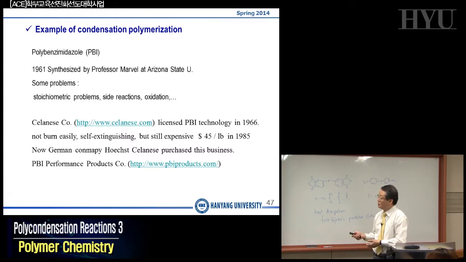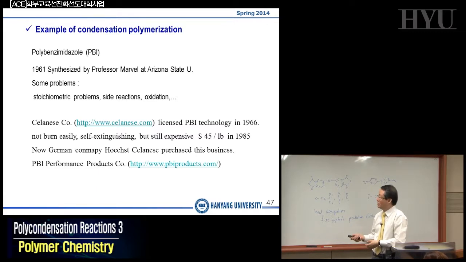So you have to very carefully control the synthesis reaction conditions. Anyway, Celanese licensed this PBI technology back in 1966, and it's not burning. It has a self-extinguishing property, but it's still very expensive, which is not very good.